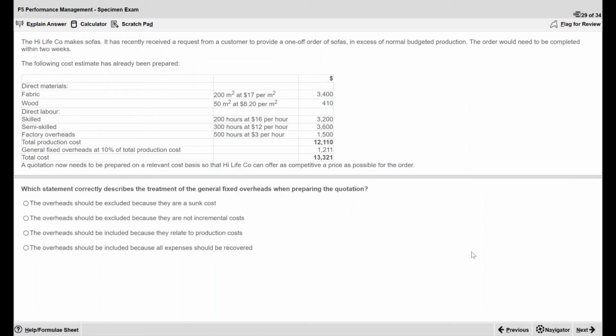When we are preparing a quotation, normally when we are preparing a relevant cost, we should only include the costs that are incremental. Incremental means additional cost, and fixed costs are not usually incremental costs. But if we have incremental fixed cost, then that would be included. So they should not be included in the cost because they are not incremental costs. They are incurred anyway.